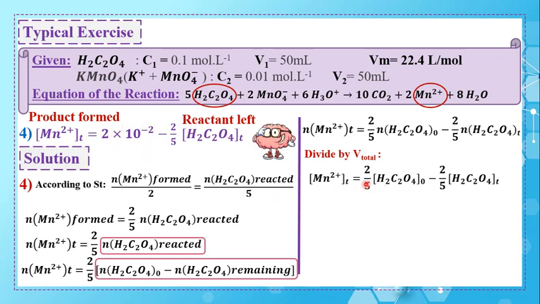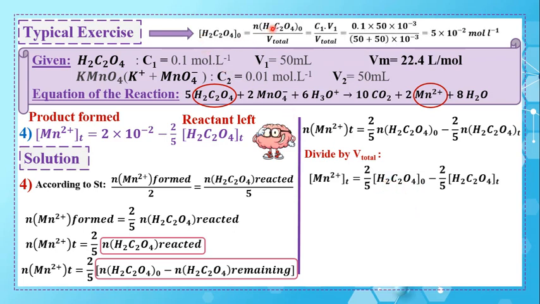How? By calculating the initial concentration of H2C2O4, which is equal to the initial number of mole over V total, equal C1 times V1 over V1 plus V2, and we multiply it by 10 to the power minus 3 to convert it into liter. So we will get this value.